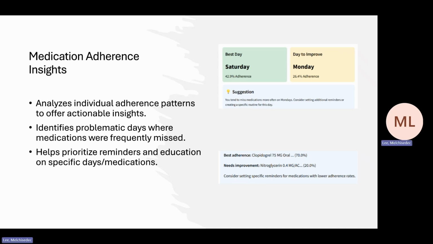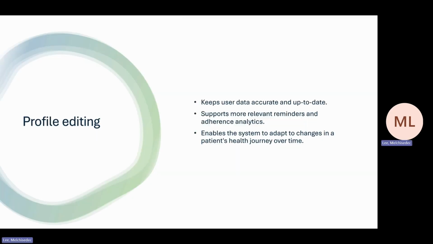With these insights, patients can take simple steps to stay on track and improve their overall health. Our profile editing feature allows patients to keep their health information accurate and adaptable as their journey progresses. This will also support more relevant reminders and adherence analytics.